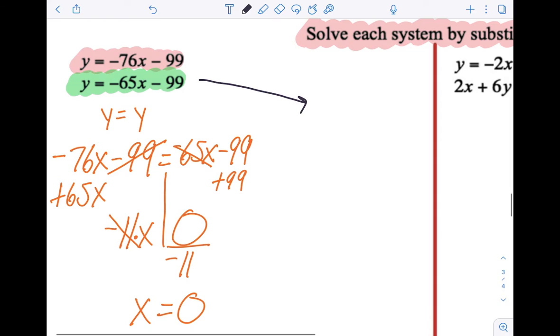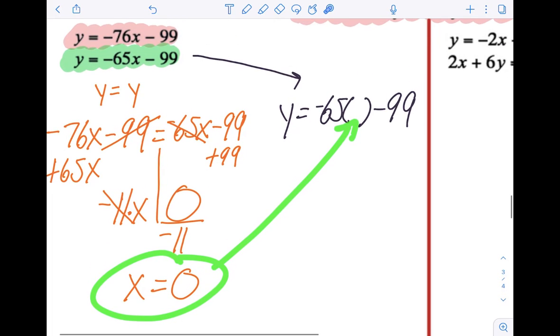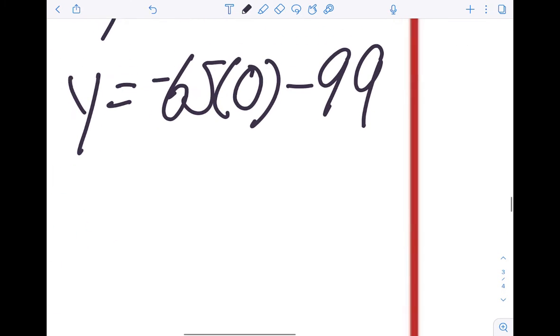I'm going to say y equals negative 65, but I'm going to leave x in parentheses, minus 99. Now the reason I left x in parentheses is because I already know what x is. X is going to go right in there, which is 0. So I'm going to put 0 right in here.